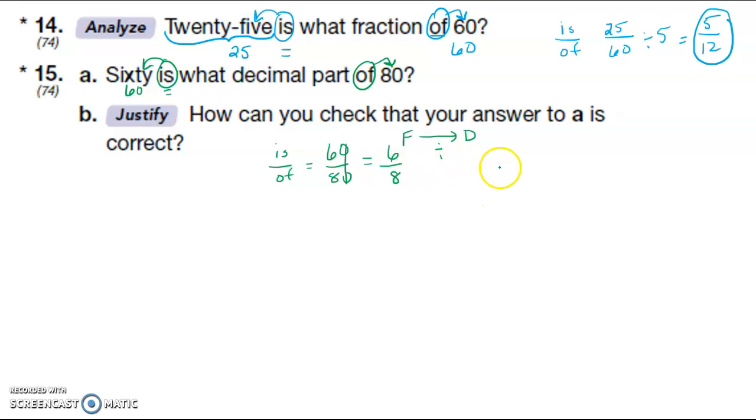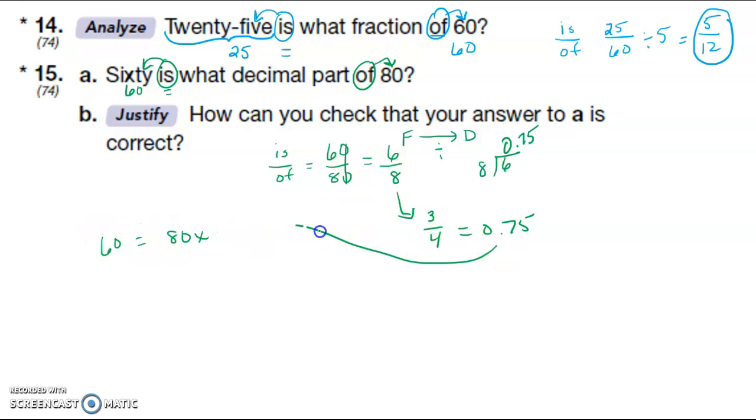So I'm going to divide 6 by 8, and I get 0.75. Now, this says, how can you check your answer is correct? Well, you can take this to 3/4, and that's 0.75. I'm not exactly sure, but 60 is 80x. If you plug this into x, you should get 60.